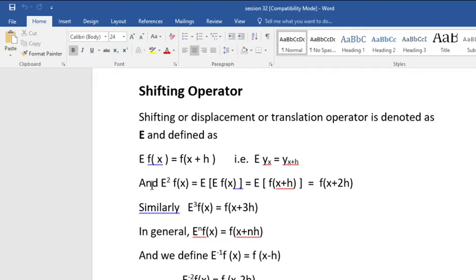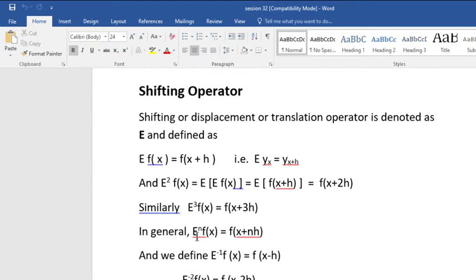E squared of f of x is equal to E of E of f of x, which we can write as E of f of x plus h, that is equal to f of x plus 2h. And similarly E cubed of f of x is equal to f of x plus 3h.